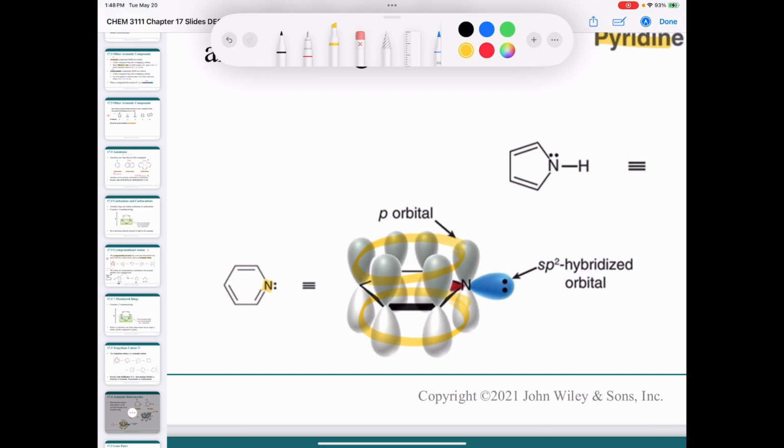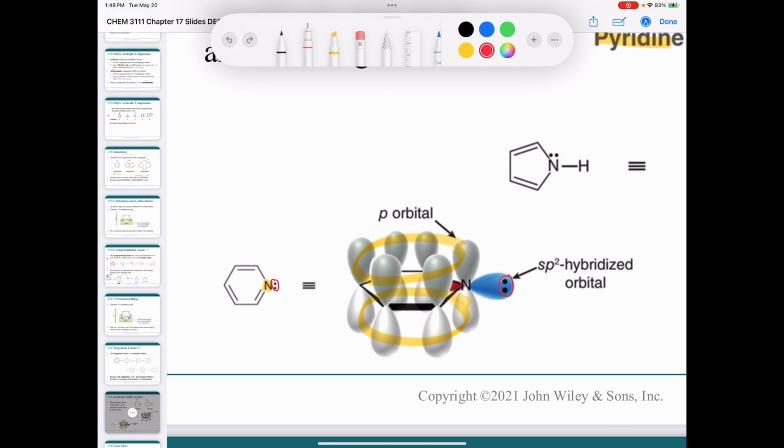The lone pair, meaning this lone pair, this one right here, is not part of the conjugated system of the ring, and therefore we don't count it when we're counting up the total number of pi electrons. So in this case, we have a total of 1, 2, 3, 4, 5, 6 pi electrons. And therefore, pyridine is an aromatic compound.